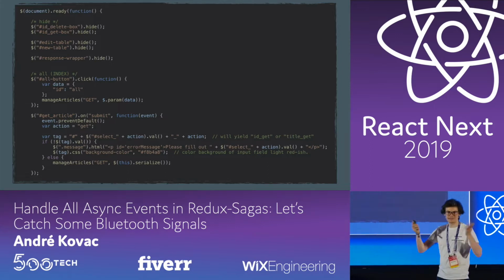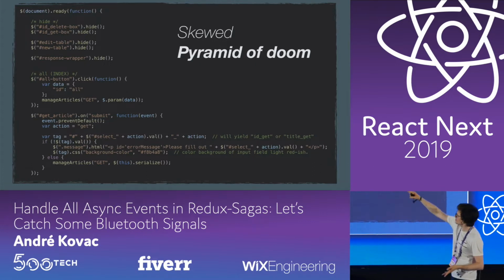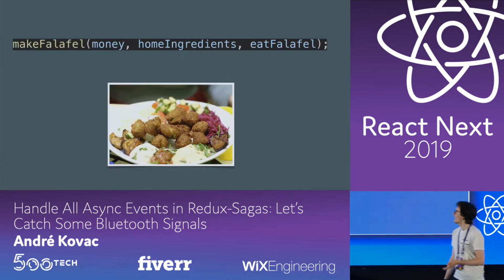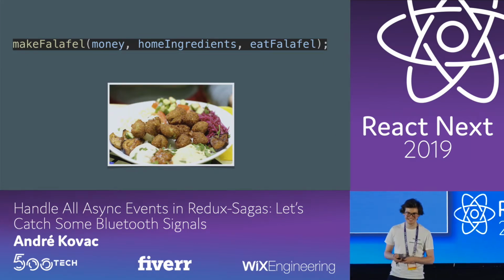But I think maybe many of us have dealt with a lot of callback code, which gets difficult to handle. And so here it's a bit of a skewed pyramid of doom. And maybe when we talk about falafel here in the Middle East, we will soon see another pyramid of doom. I thought of picking this example, which will follow us for the next while, where there are some components to make falafel.